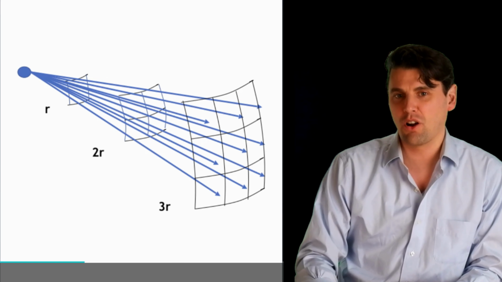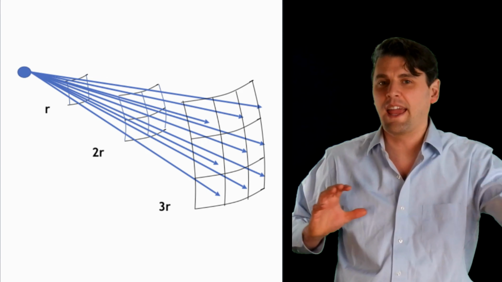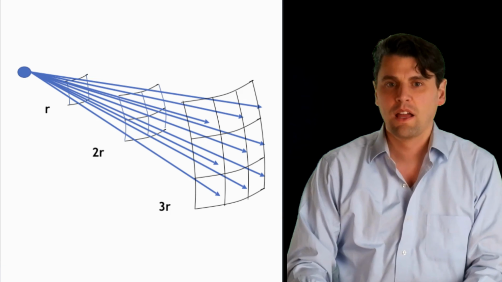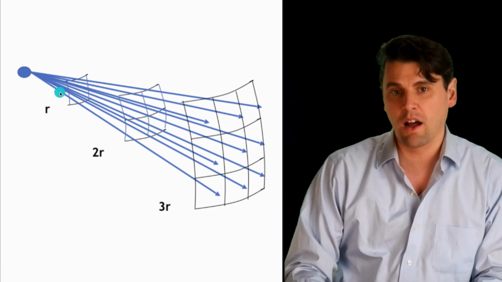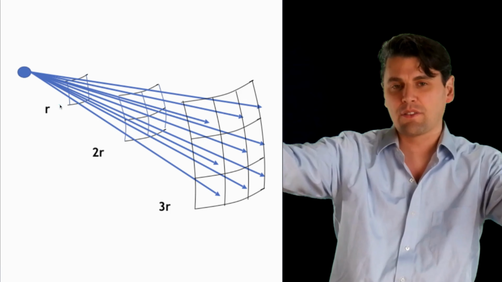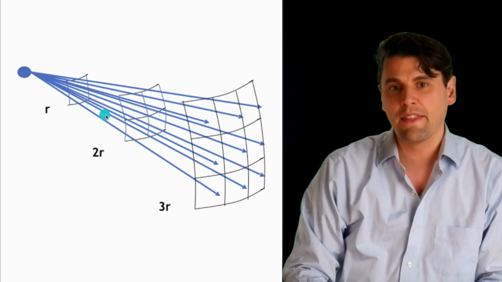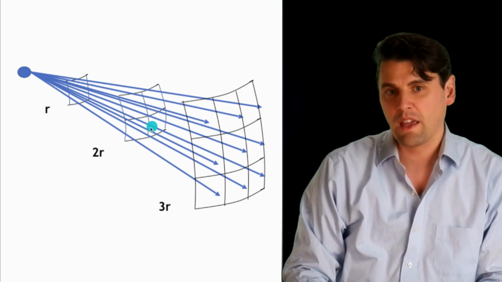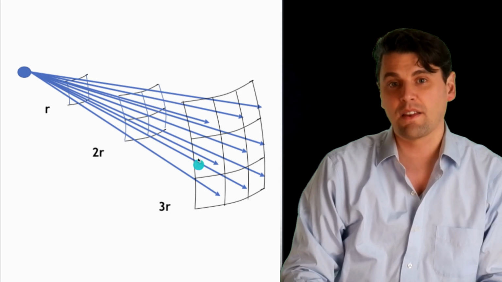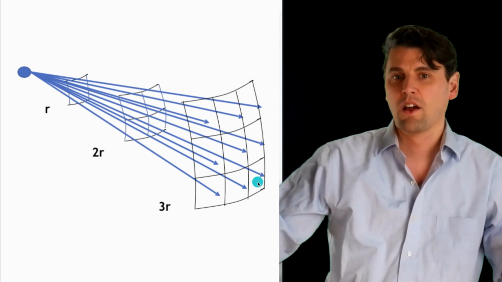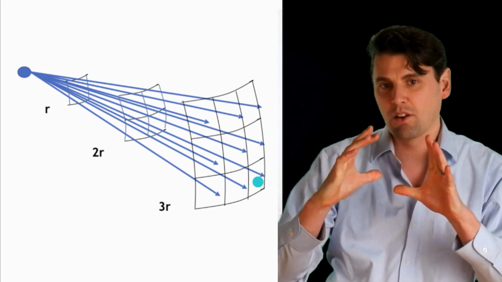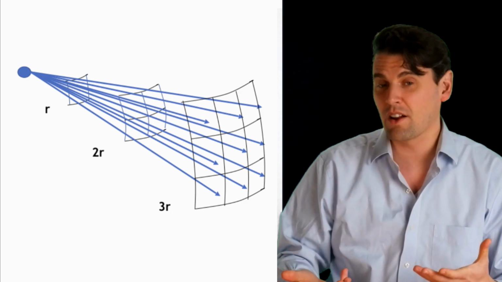Here's another picture, just a different angle of looking at the same thing. Imagine the X-rays are spreading out, and in one given area right here you have 9 X-rays. Those same X-rays spread out, so here you're 2R away, and then here you're 3R away. By the time you're 3R away, there's only one X-ray that I've drawn hitting each of these little areas, and those areas are the same.